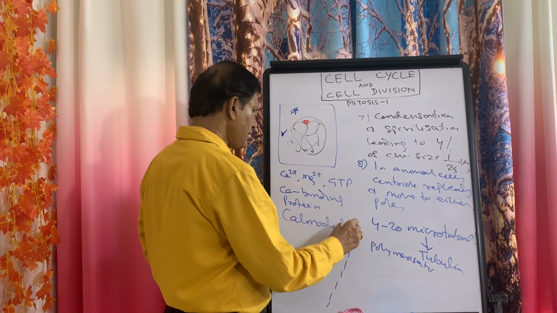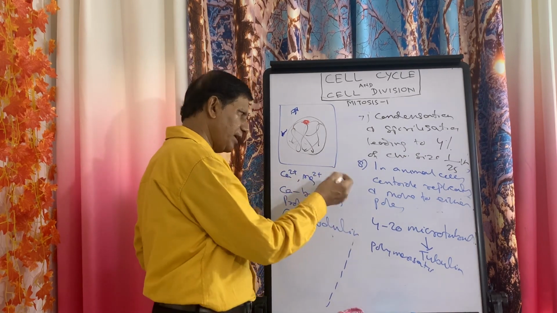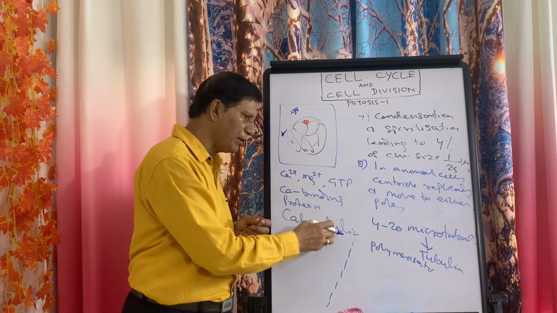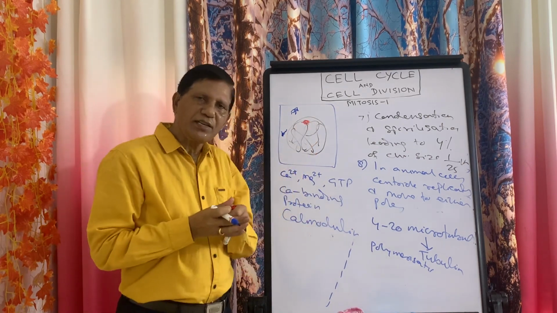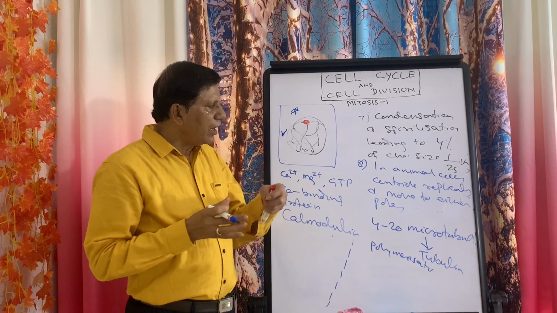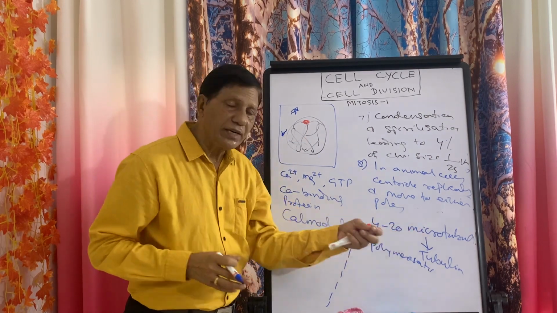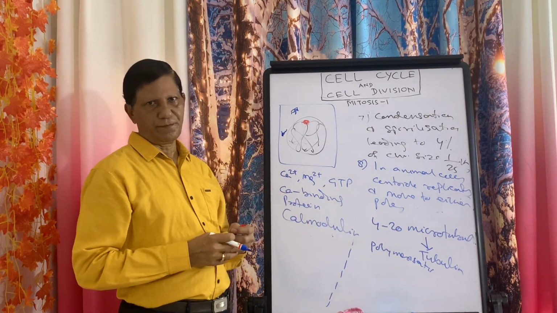That means in the presence of calcium, magnesium, energy GTP and calmodulin, there will be polymerization of the microtubules into spindle fibers.